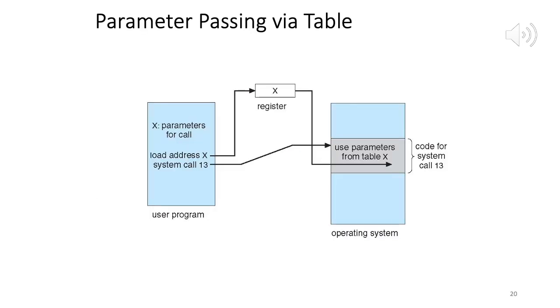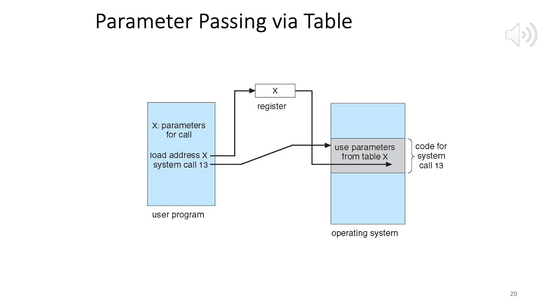Now I am on slide 20, and this is showing in the form of a picture parameter passing via table. Option 1 is passing parameters using a register. So X is the parameters for the call, passed through a register by the user program, and then made available to the OS for executing the system call.